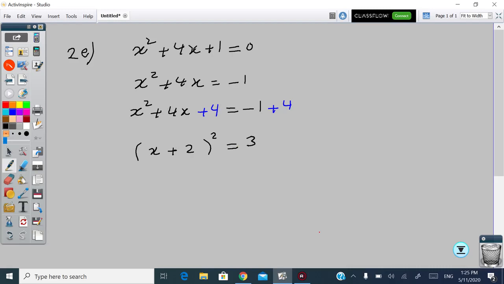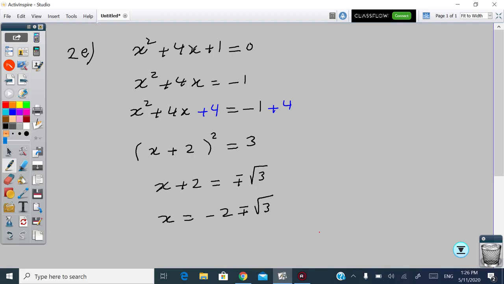Taking the square root of both sides gives me x plus 2 equals plus or minus the square root of 3. And already plus or minus root 3 is in the simplest radical form. Therefore, x is equal to -2 plus or minus root 3.